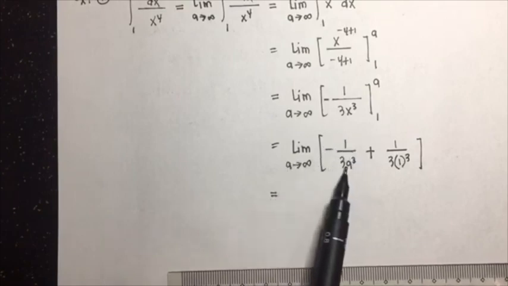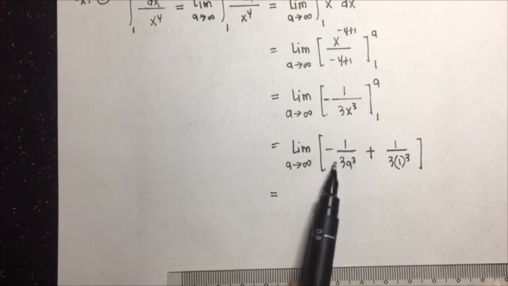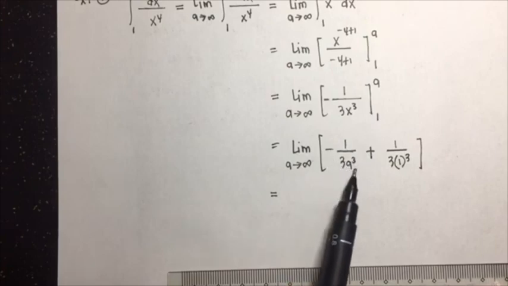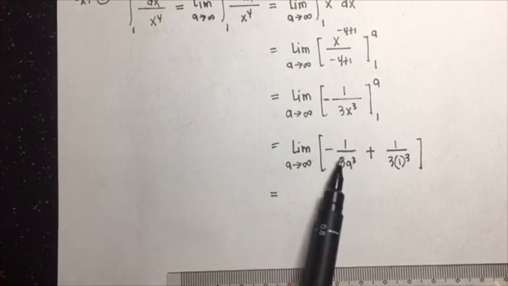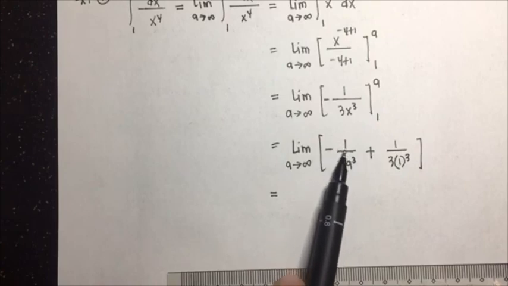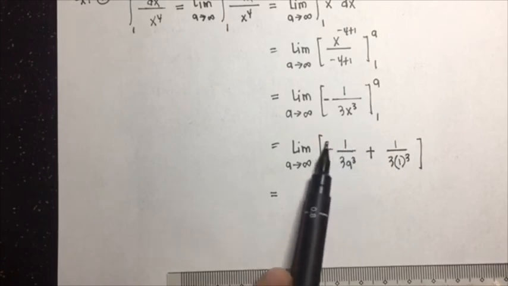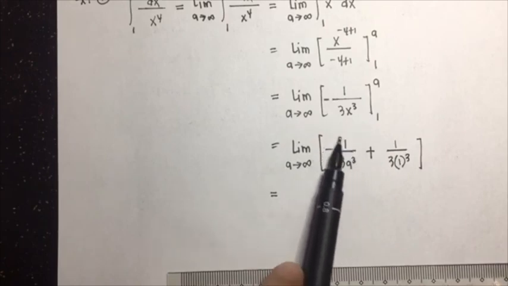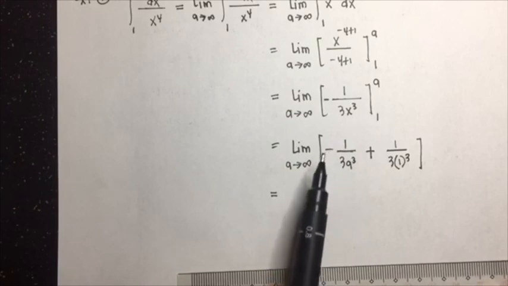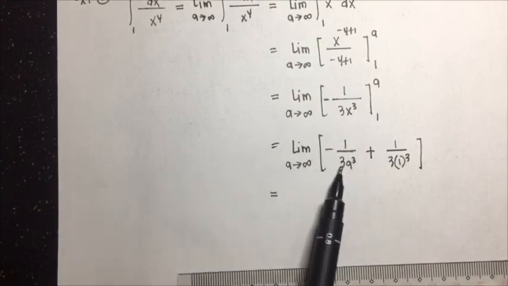Because the denominator gets bigger and bigger, it's a divisor, so if the divisor gets larger, the whole term's value keeps getting smaller and smaller until it reaches 0.